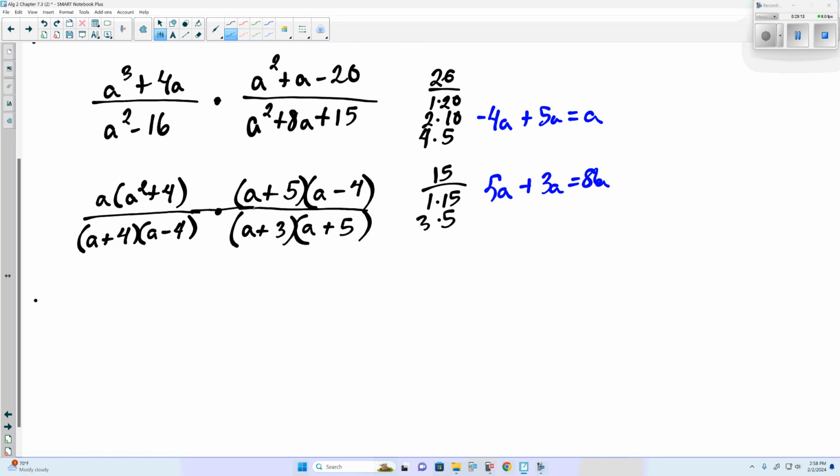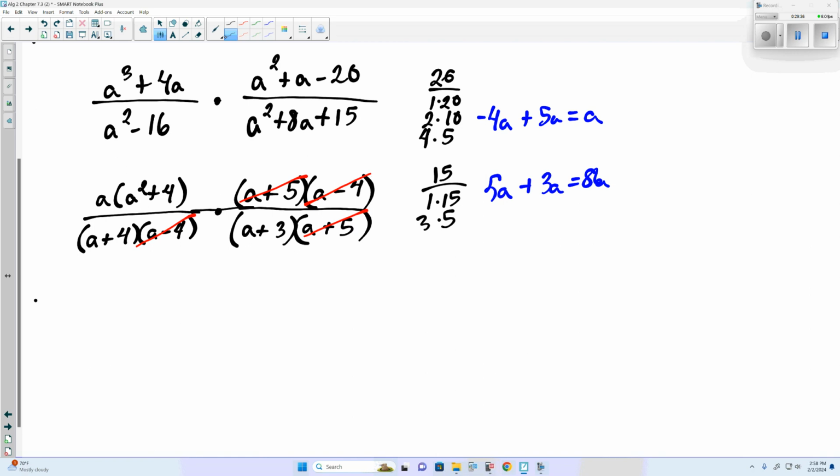Multiply them together, well, that's really just smashing them onto one fraction bar, yes? So we can rewrite it, or we can combine them. What's in common on top and bottom? A plus 5 and A plus 5, yes? What else? A minus 4 and A minus 4. Anything else?